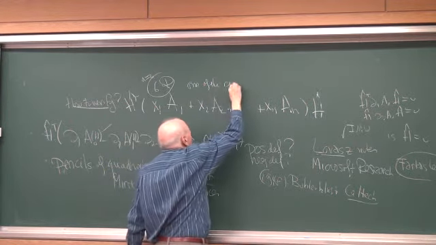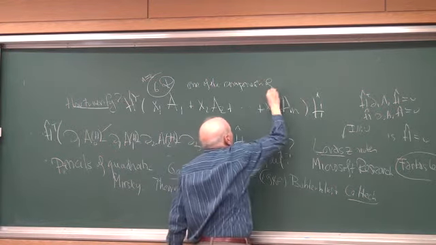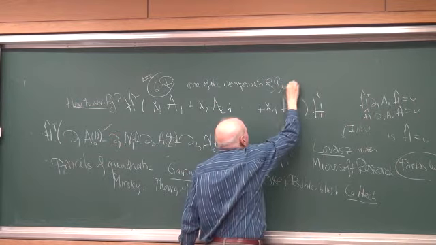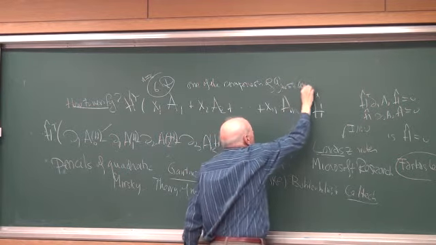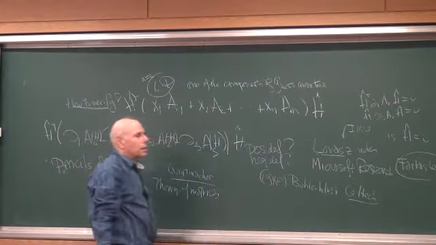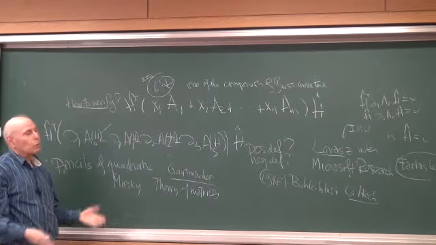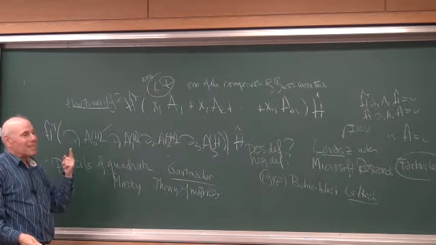So one of the components of the Gauss curvature. At least one. 2 is good, 3 is good, but certainly 1.